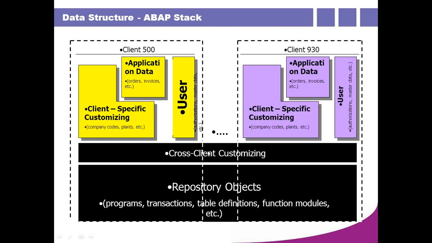By sitting here, you can modify this also. That's why these three are called client-dependent or client-specific data. These two are called client-independent or cross-client data.